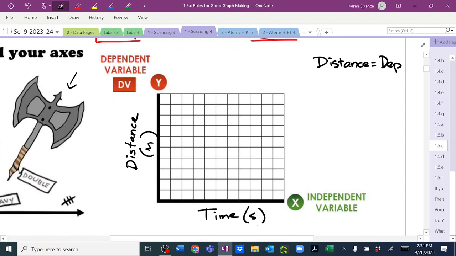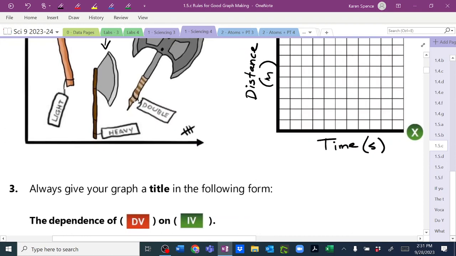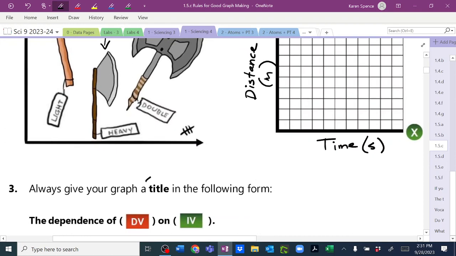Okay, good. So we have distance, we have time, we have labeled our axes. That would be worth 1, 2, 3, 4 marks. All right, you're always going to give your graph a title. There are several forms that you can write the title.